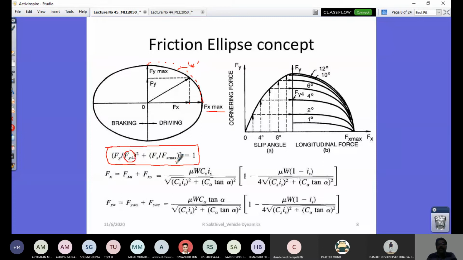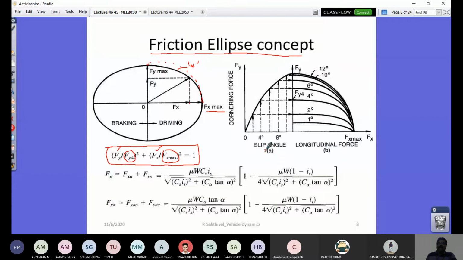And Fx by Fx max, where Fx max is what is obtained from experiment. And for a given Fx, what would be my Fy during cornering is what I am going to say. Or for a given Fy during straight motion, with side force acting, what would be the change in my Fx?